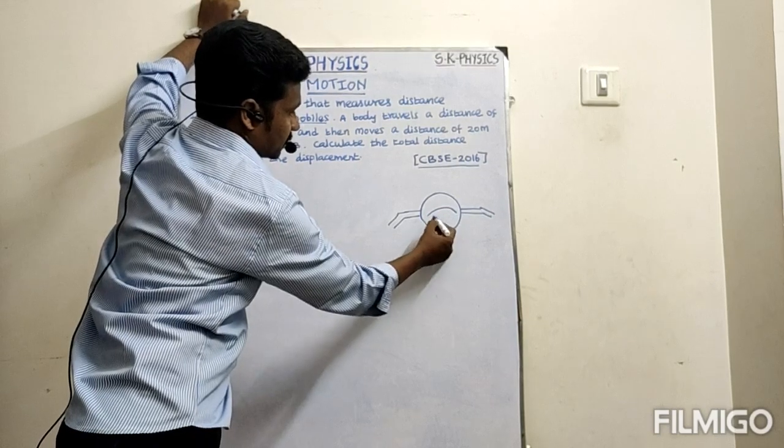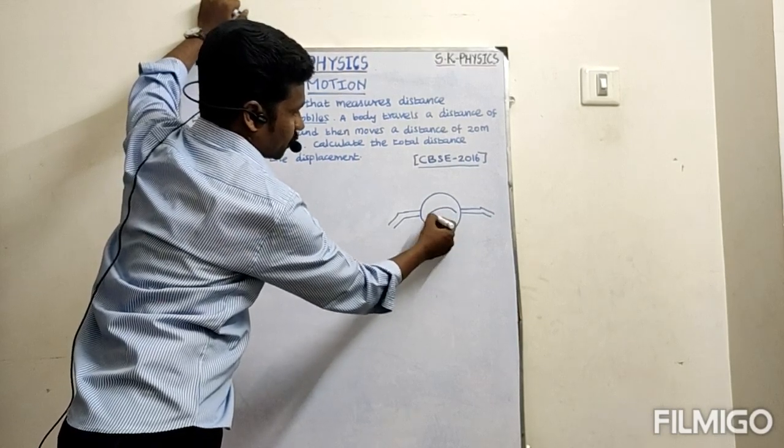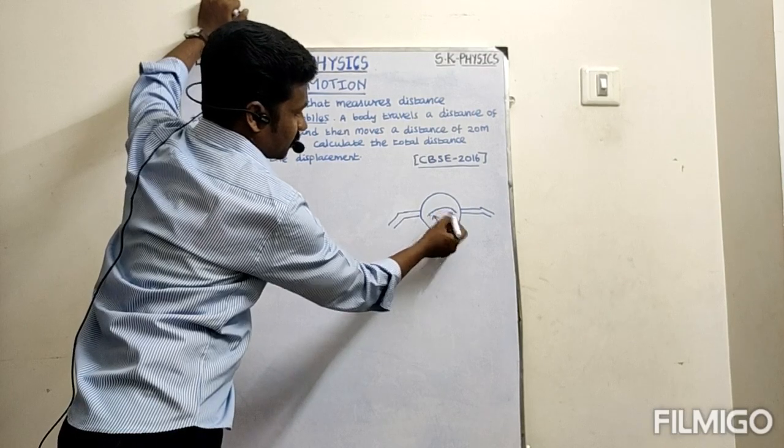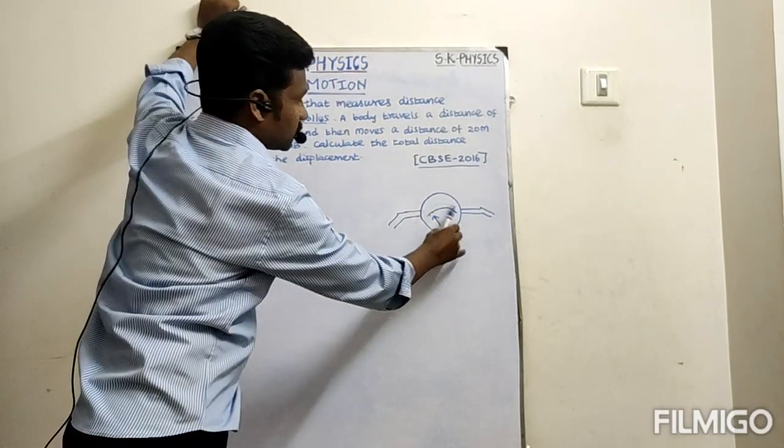One needle is there. It shows the speed: 1 kilometer, 2 kilometer, 10, 15, up to 80 kilometers something. So this is the speed.